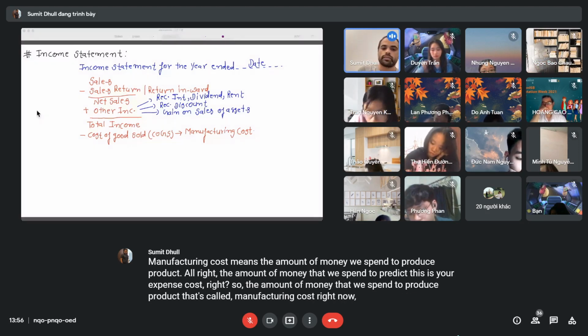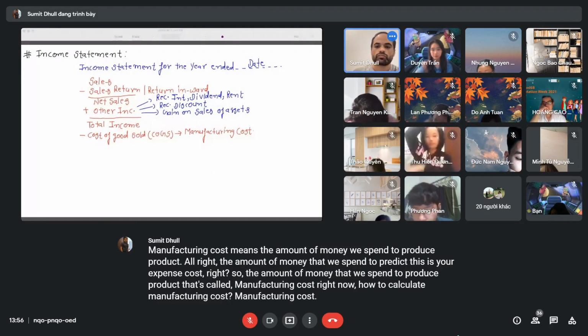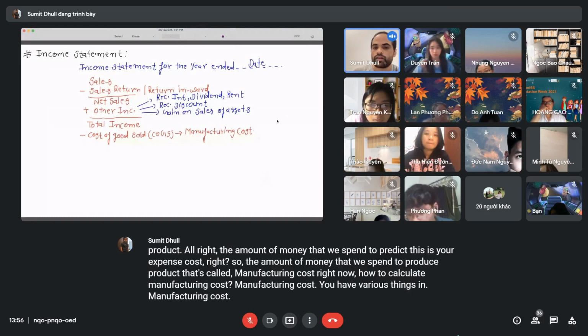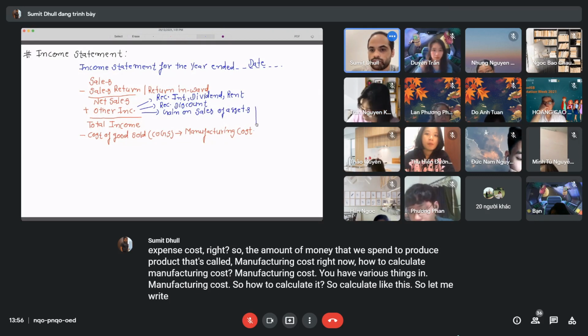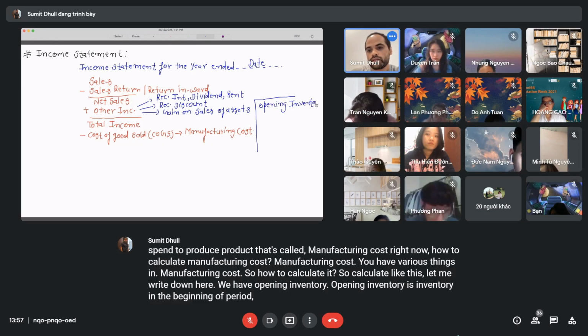Now, how to calculate manufacturing cost? You have various things in manufacturing cost. So how to calculate it? Let me write it down here. We have opening inventory. Opening inventory is inventory in the beginning of period, right?